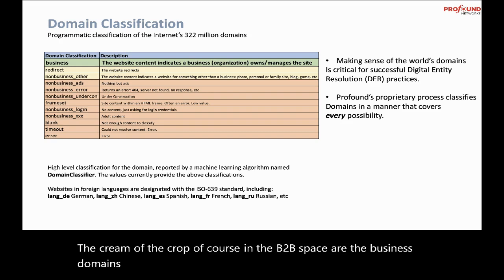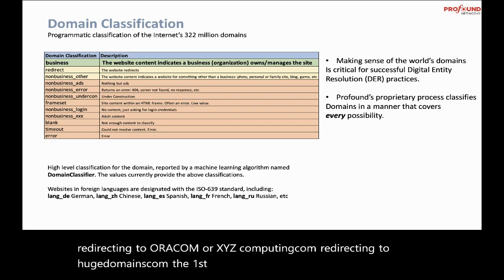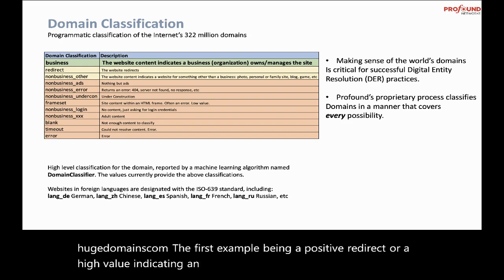We then also look at redirects, for example, sun.com redirecting to oracle.com, or xyzcomputing.com redirecting to hugedomains.com. The first example being a positive redirect or a high value indicating an acquisition. The second one being low value to a parked website.